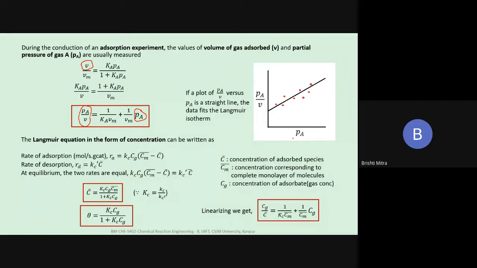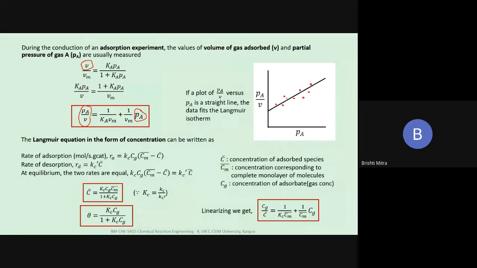Suppose I introduce a 10% gas, so 10% of this gas which is introduced is actually the gas you want to get adsorbed, and the rest of it is, say, for example, an inert gas. So you know the partial pressure of the gas, and you know how much of the volume is getting adsorbed. How is that? You know the initial volume. You can calculate the volume which is coming out at the outlet. The difference between the two will give you the volume that is adsorbed.